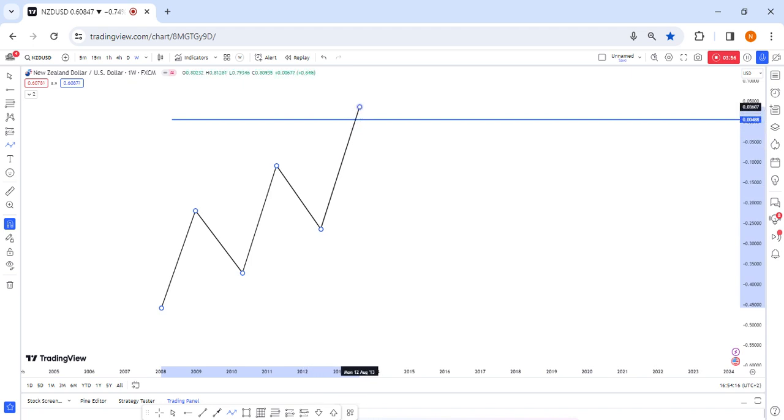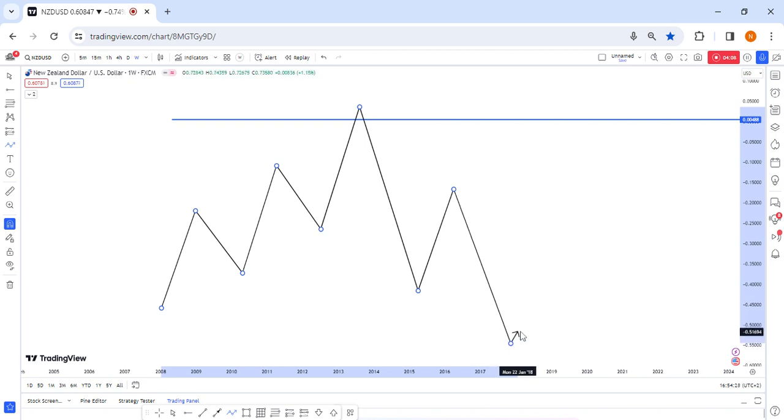It hits the ceiling, and then it reacts accordingly and starts moving to the downside in a bearish motion, making lower highs and lower lows, like so. Okay, and then we'll start seeing that, oh, okay, price is now in a downtrend.